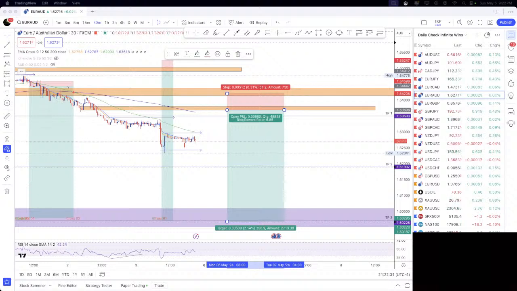Now on the 1 hour time frame, if you take a look at the Cloud V, you'll see that this trade setup on the 1 hour is right by that resistance level.